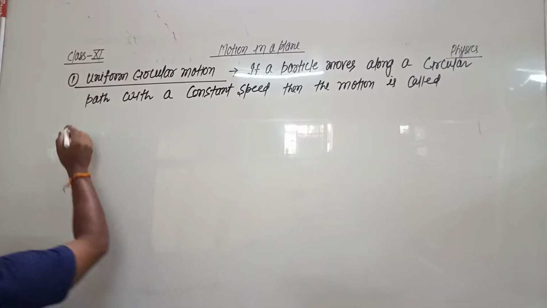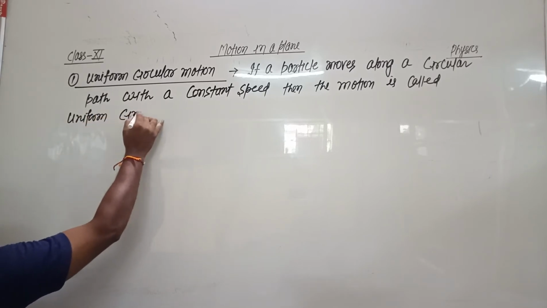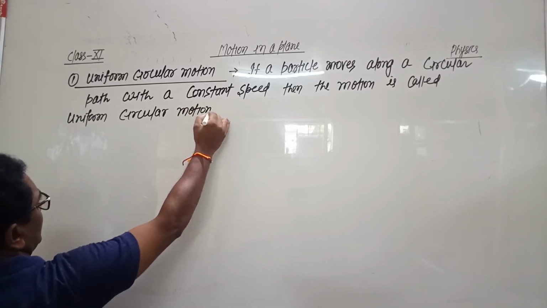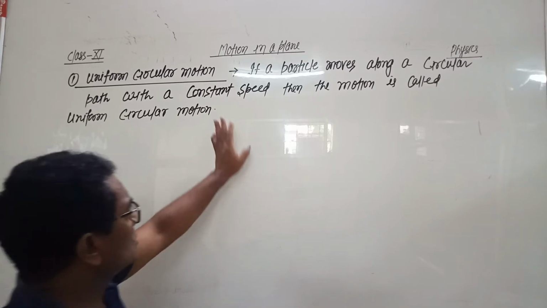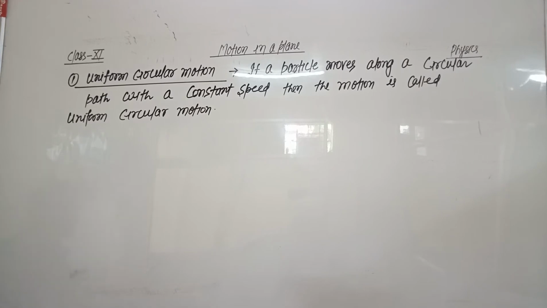The speed is constant, not velocity. Its velocity gets changed at every point. The direction gets changed at every point. So if a particle moves along a circular path with a constant speed, then such type of motion is called uniform circular motion.